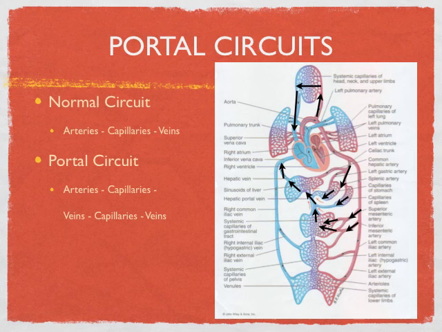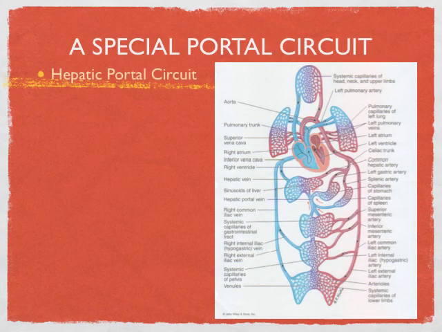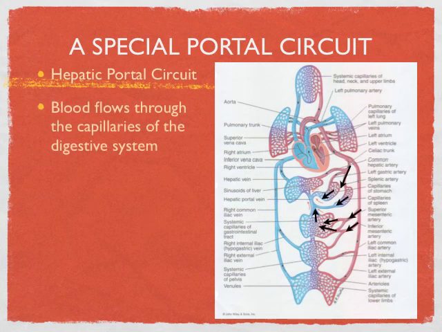This special portal circuit is known as the hepatic portal circuit. And I think you can catch on to that right away. The blood is flowing through all of these organs of the digestive system. If you look closely, you could see the stomach and the spleen, and the intestines are that lower area there.